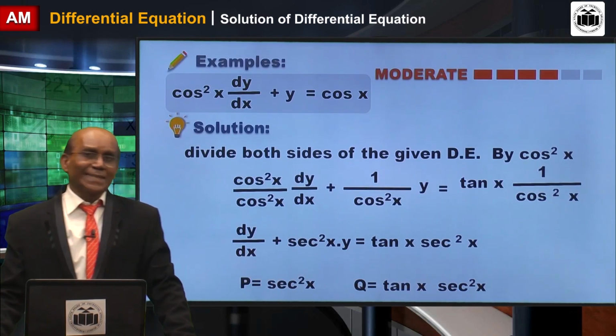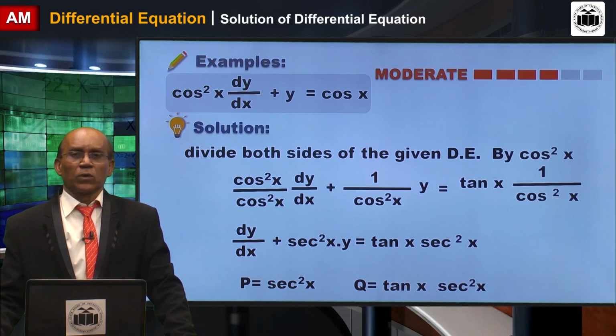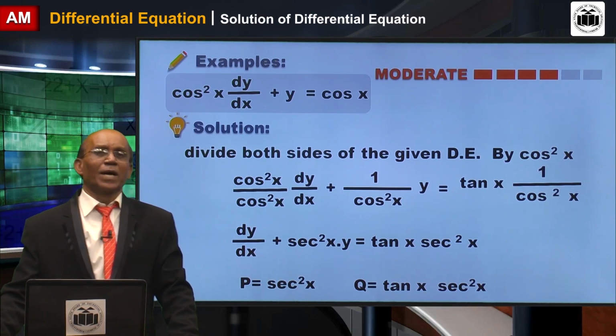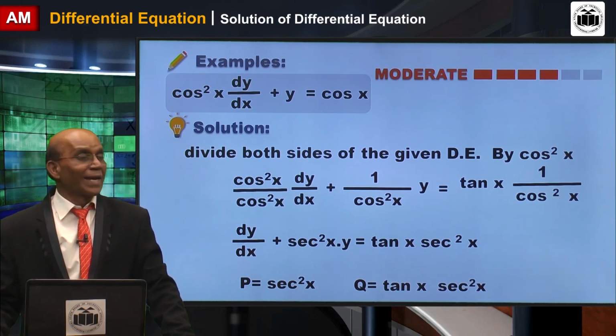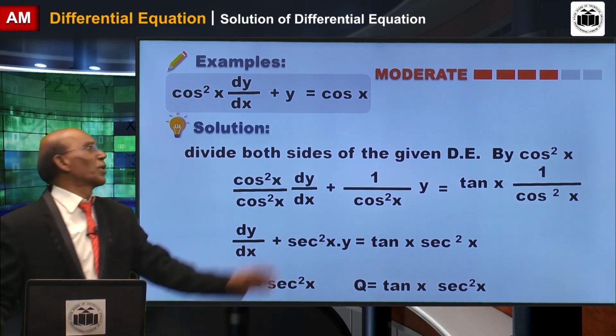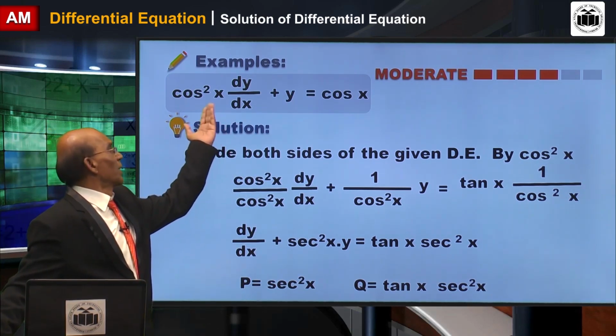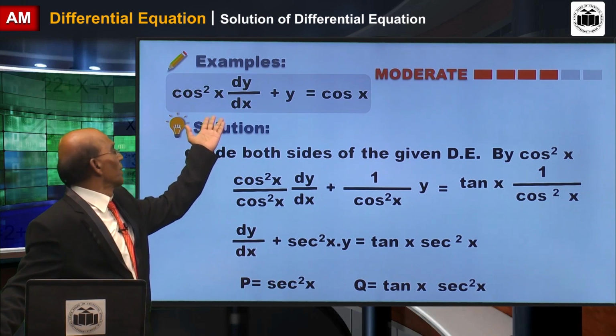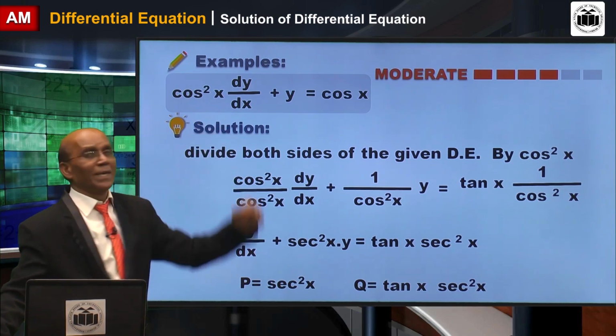Now the next moderate example is cos square x dy by dx plus y equals tan x. Again we are going to solve this equation, but a linear equation must have the coefficient of dy by dx equal to 1.